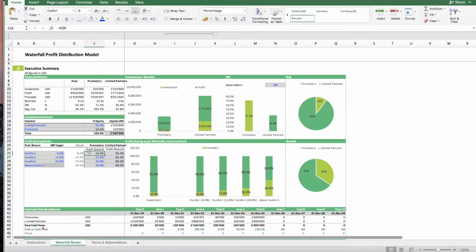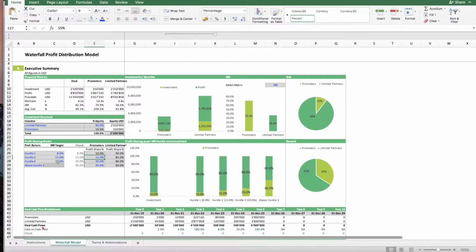The promoter gets 10%, he also gets 10% of the profits until an 8% return is achieved. However, if he performs better, then the story will start to look a bit different. If, for instance, he achieves a 15% return, then from 8 to 15% he will get 15% of the profits.